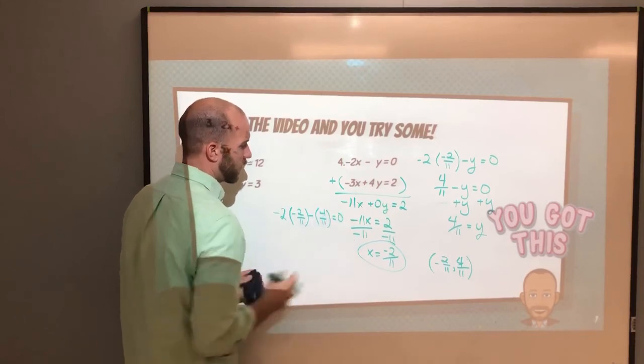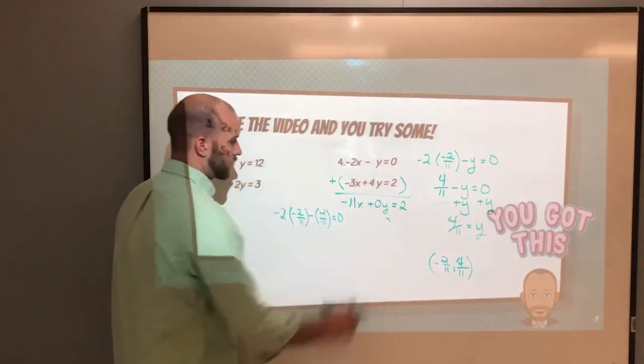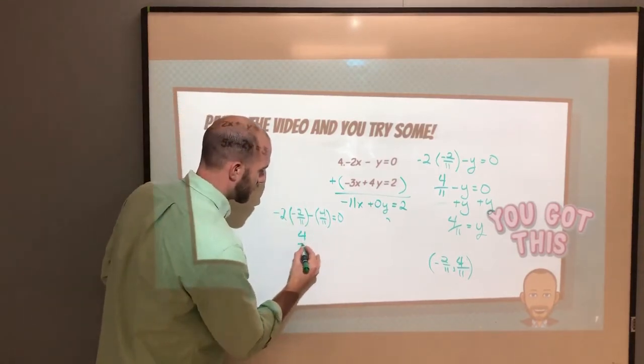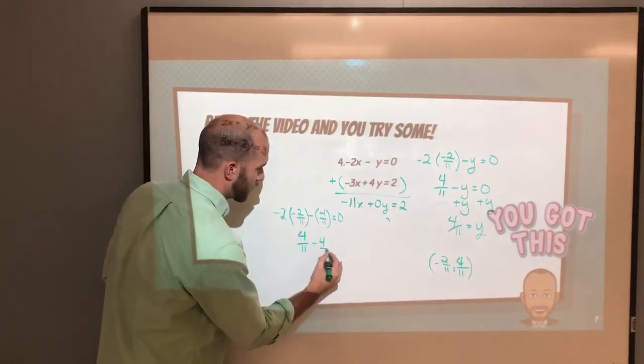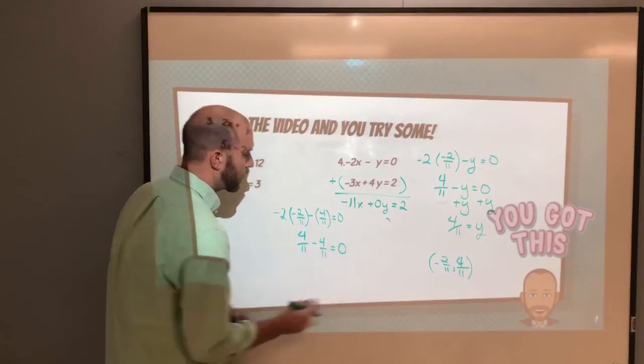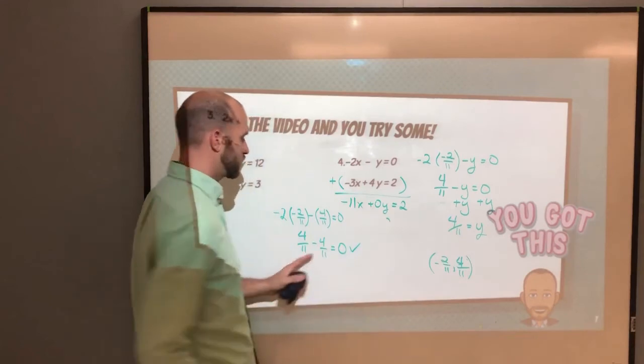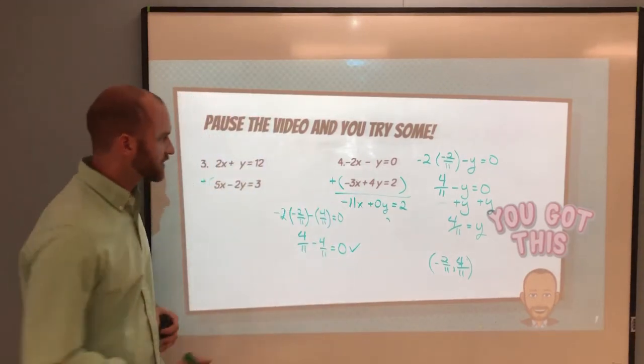Does that equal 0? Let me get a little space here. Does that equal 0? So negative 2 times negative 2 is 4 elevenths. Minus 4 elevenths equals 0. Yeah, that works, right? 4 elevenths minus 4 elevenths, even though that's a weird fraction. That works, that's true. Let's check this second one.